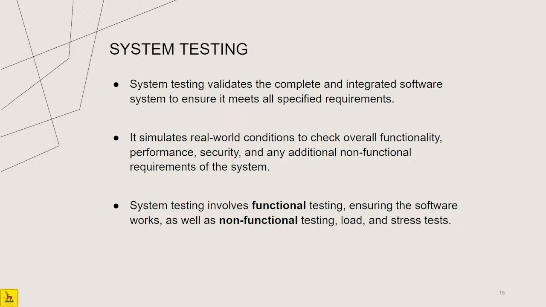System tests simulate real-world conditions to check the overall functionality, performance, security, and additional non-functional requirements of our system. System tests involve functional testing, ensuring that our software works, as well as non-functional testing to load and stress test our system.